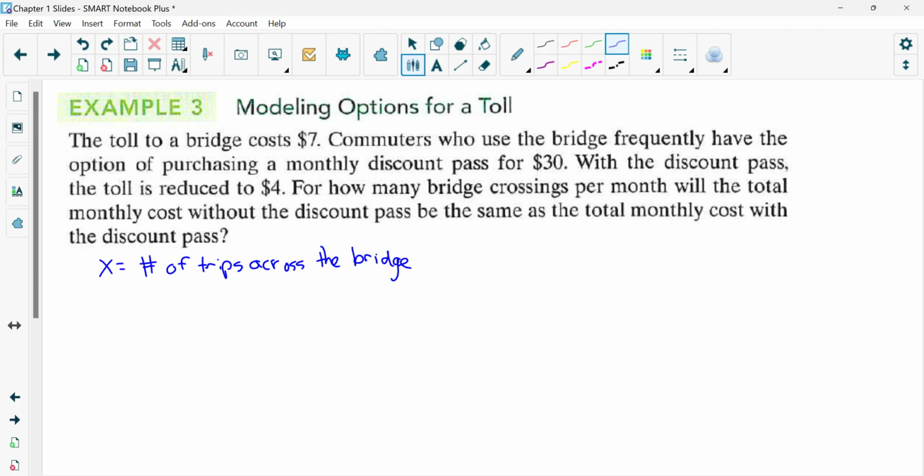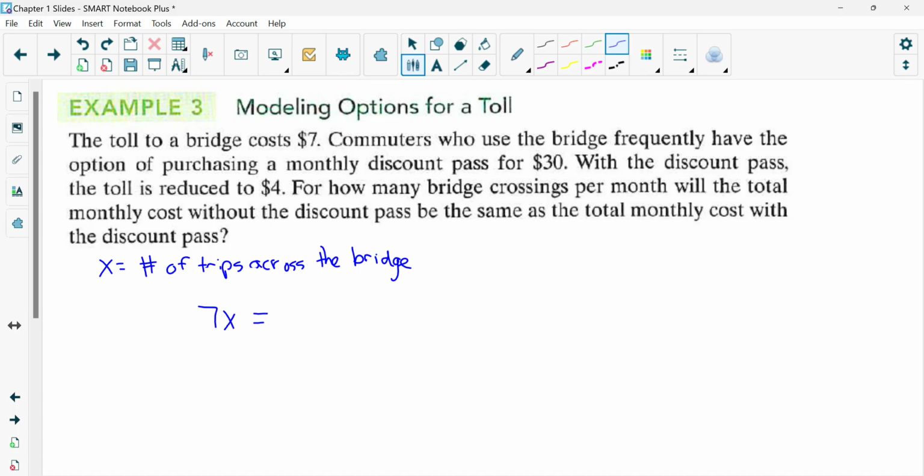All right, it says it costs $7 per trip, but if you buy a $30 discount pass, it only costs you $4. It's asking when they are going to be equal in value. One side is the side that costs $7 every time I go across, so that would be 7x.